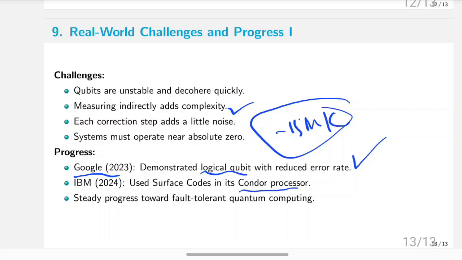These are key milestones towards fault-tolerant quantum computers, systems that can run without crashing due to quantum noise. So these are the progress and these are some challenges. This is about quantum error correction.